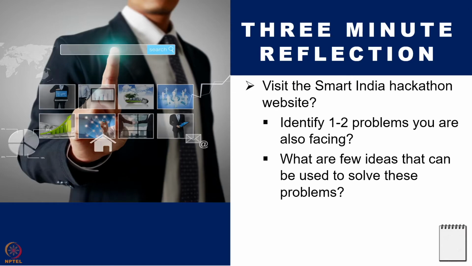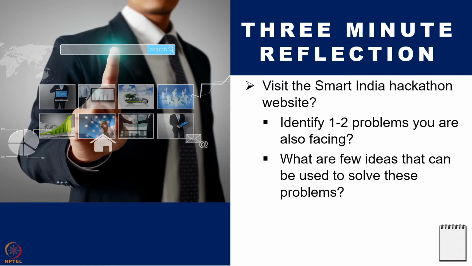So again, I'd like you to reflect for 3 minutes. But in that 3 minutes, see if you can visit the Smart India Hackathon sites. Identify from the list of Smart India problem statements one or two that you may want to work on and solve.